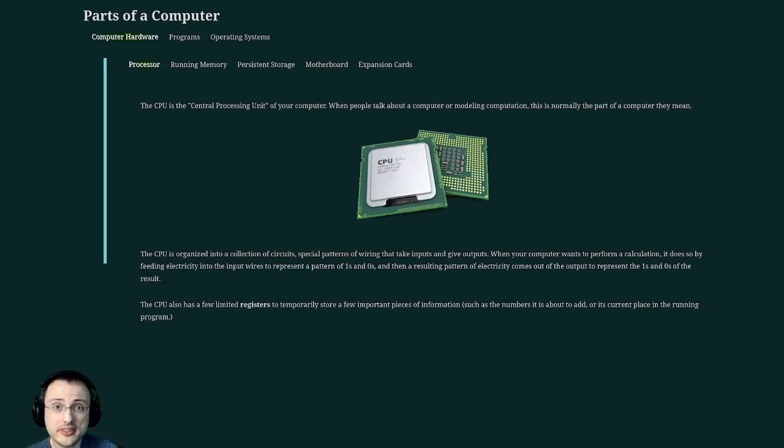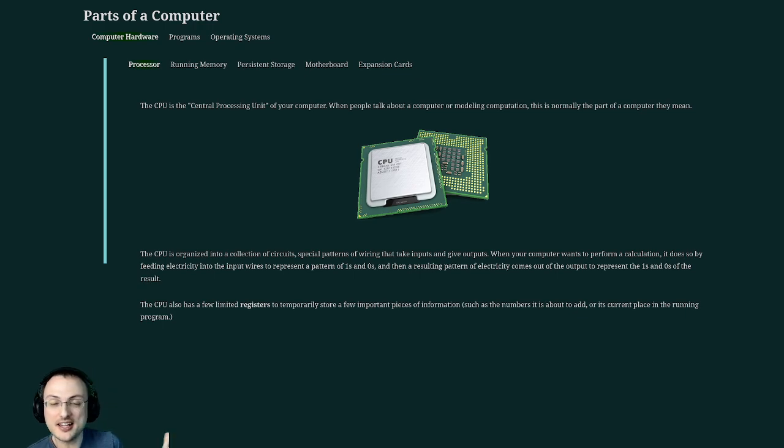So the important thing to note about this CPU is that it's got very, very limited space, registers to temporarily store something, like the numbers it's in the middle of adding together. But generally, the CPU's job is just to combine things, to mash them together, do the comparison, do whatever other operations it knows how to do.